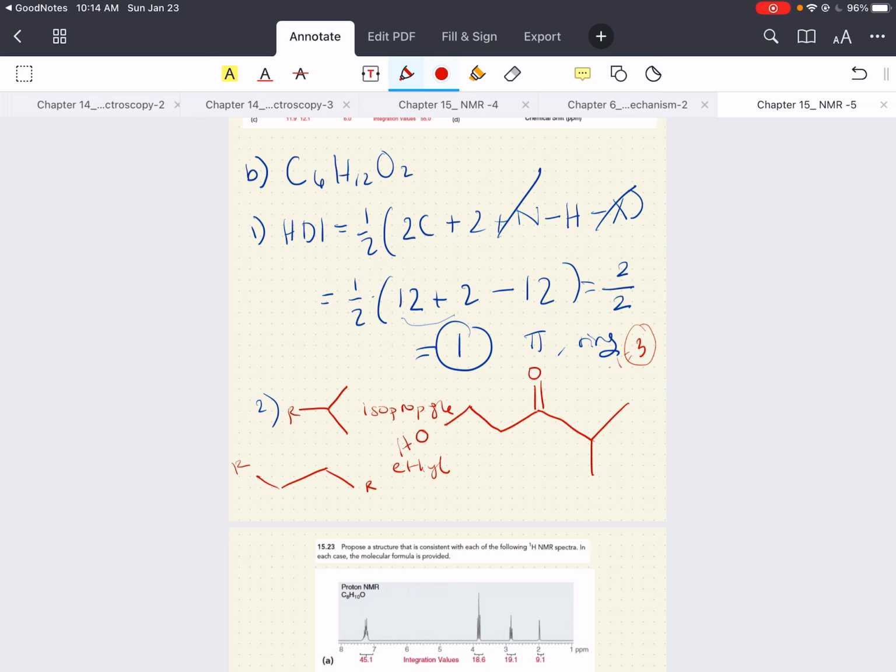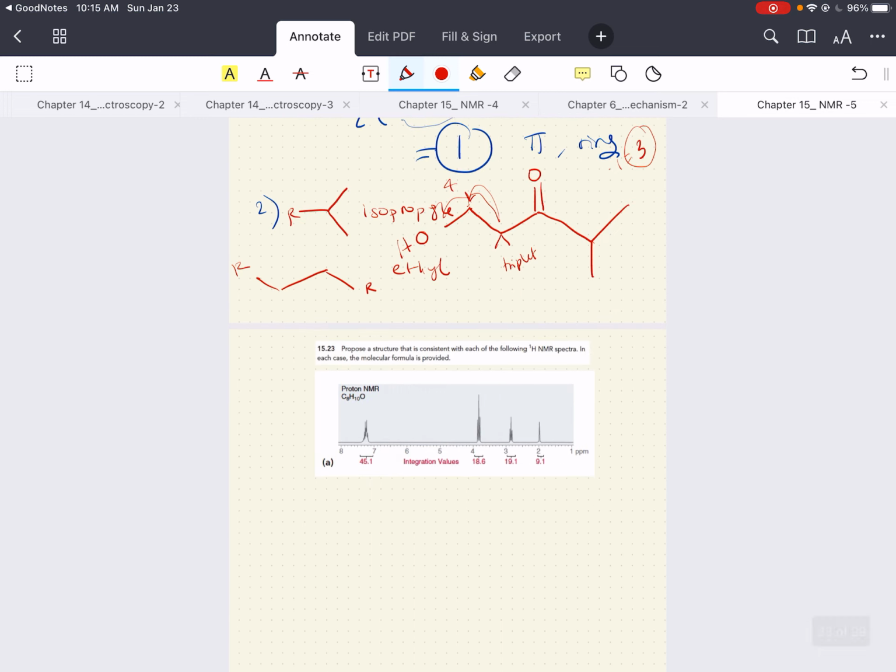This might work better, because these 2 hydrogens have 2 neighboring hydrogens and will appear as a triplet, and this hydrogen has 3 neighbors and appears as a quartet. So sometimes it takes a little bit of playing around to get things correct.